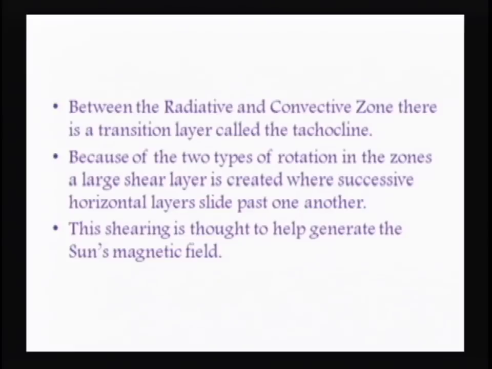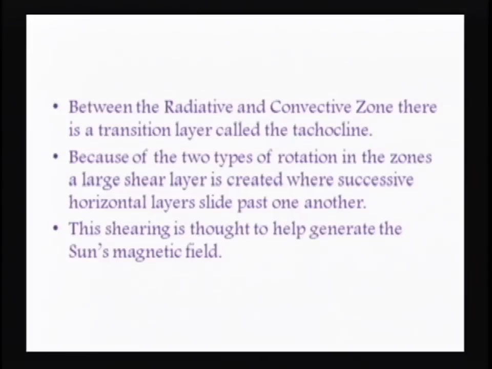Now we look at that, and because you have this really thin layer, a lot of times you're going to get a really large shear between those two layers because you're going from a radiation zone to these big convection currents. And so we have shearing there, and that shearing causes the horizontal layers of the sun to slide past each other.